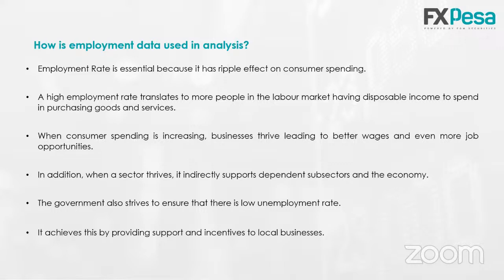So that is an example of a case where you'd have a company within the telecommunication sector supporting other subsidiary businesses around it. The government also strives to ensure that there is a low unemployment rate.